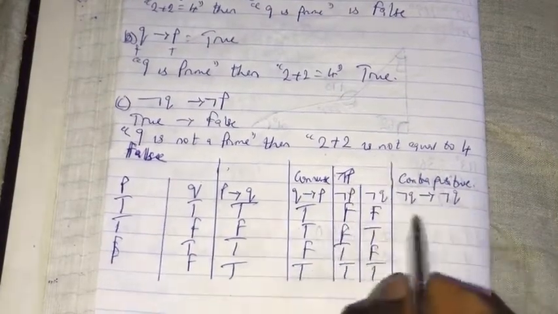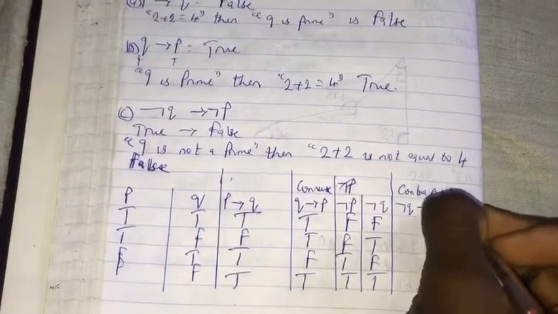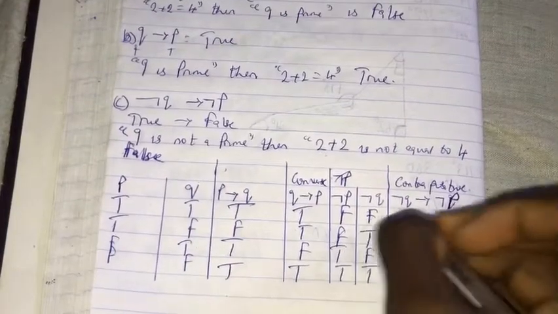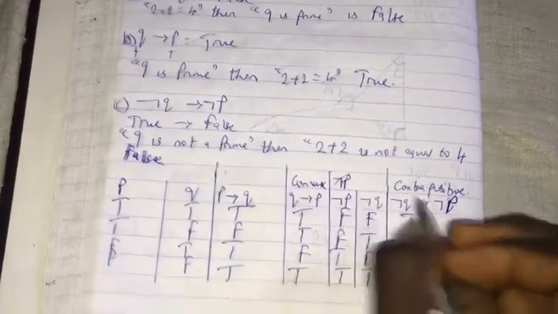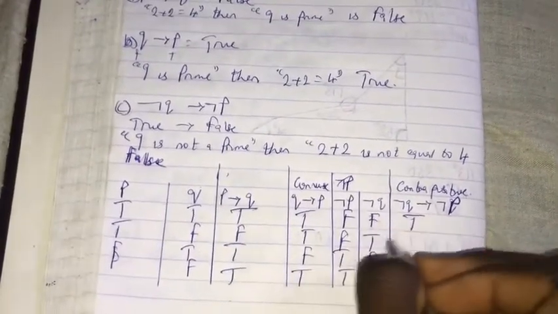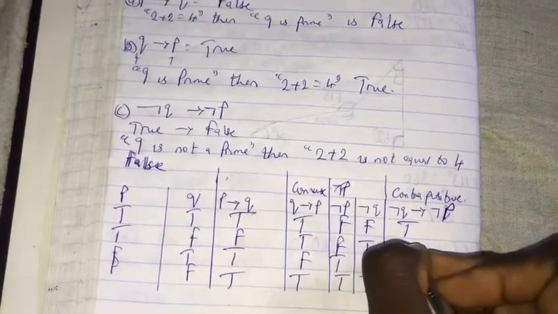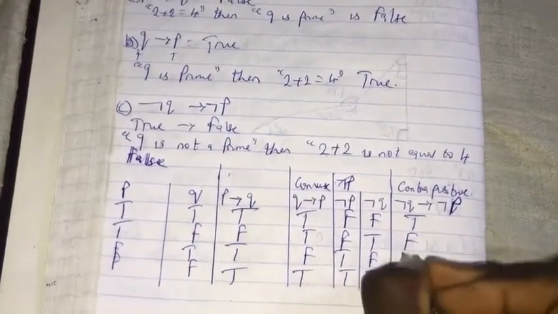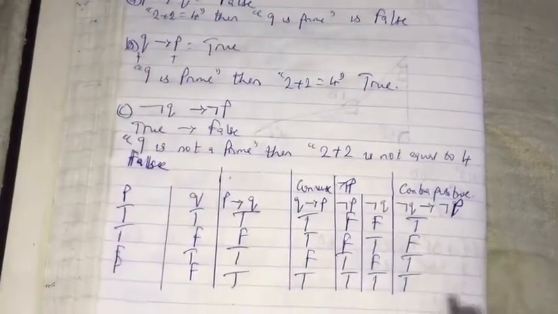For the contrapositive, we have negation of Q then negation of P, that's the formula there. False then false, we have true. True then false, we have false. False then true, we have true. True then true, we have true.